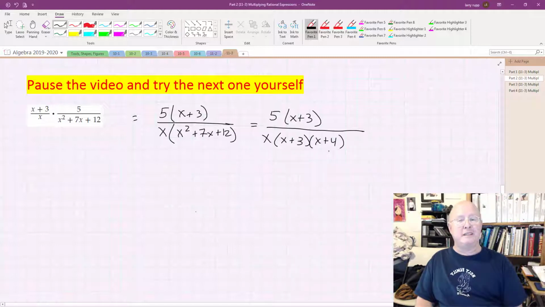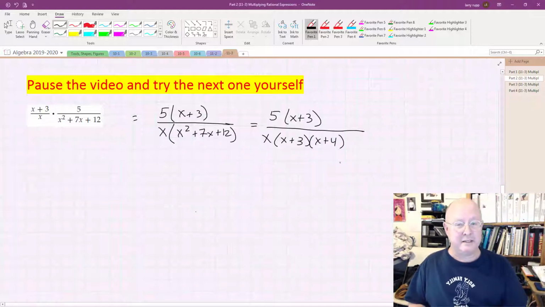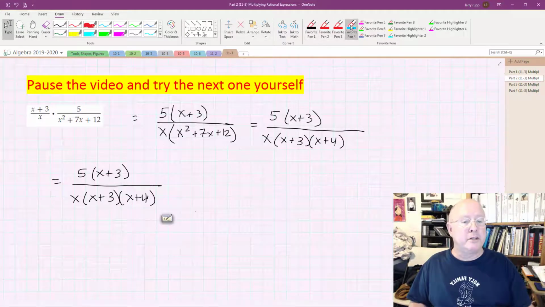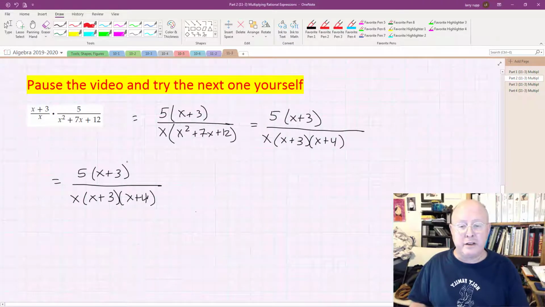See, math is really not that hard. It really isn't. All right, rewriting this then, x plus 3, and that's all over x, x plus 3, x plus 4. So I'm going to change pen colors here, and yes, we love canceling.